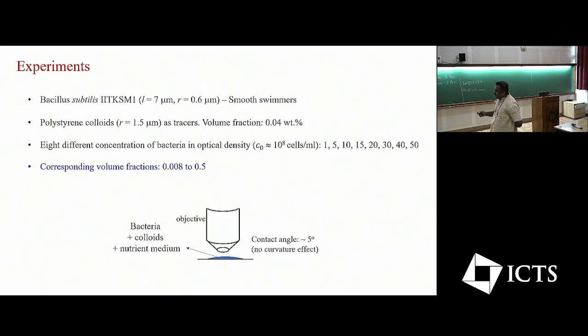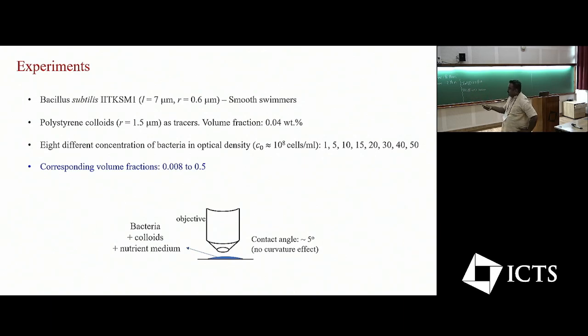In our experiments, we have taken suspensions of different concentrations, where we have controlled the bacterial concentration, and we have also put in a few representative passive colloidal particles so that we can trace the colloids to get the Lagrangian description of the fluid flow, and we can remove the colloids and trace the overall fluid flow dynamics to get the Eulerian flow, and to essentially feed each other descriptions.